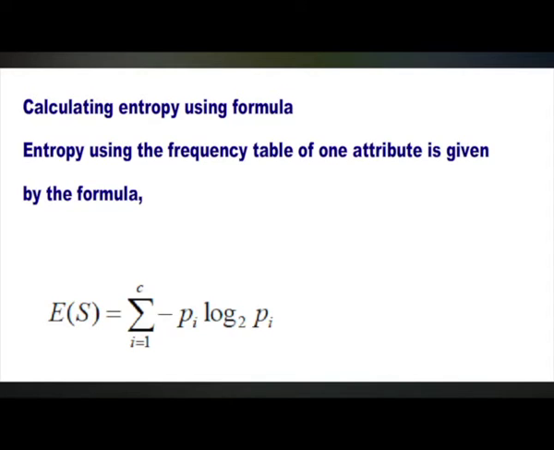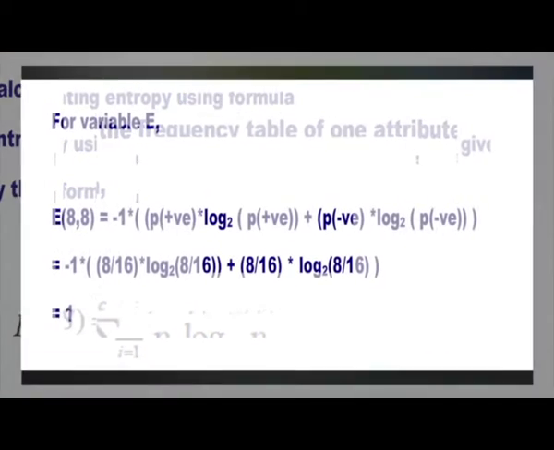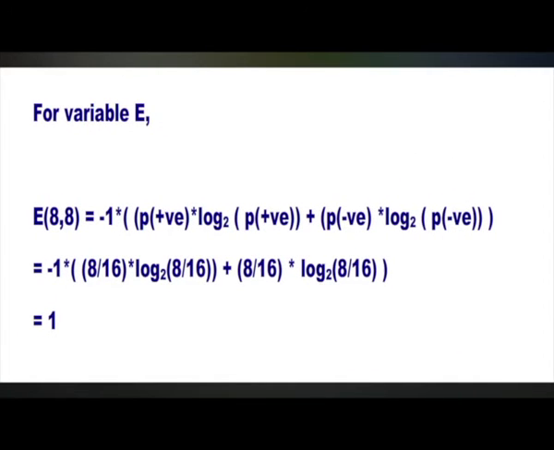Calculating entropy using a formula. Entropy using the frequency table of one attribute is given by the formula: entropy of S is equal to the summation over i equal to 1 to c of minus Pi into log Pi to the base 2. For variable E, we have equal weightage, 8 and 8.